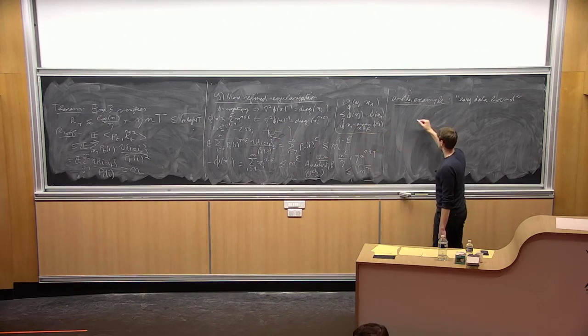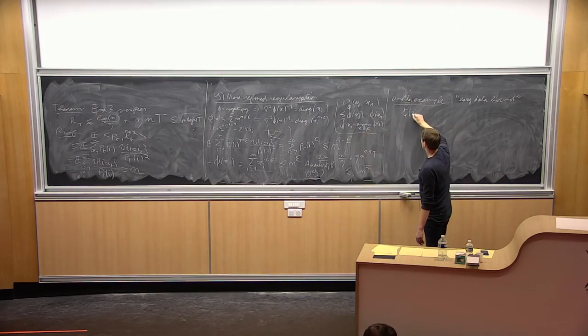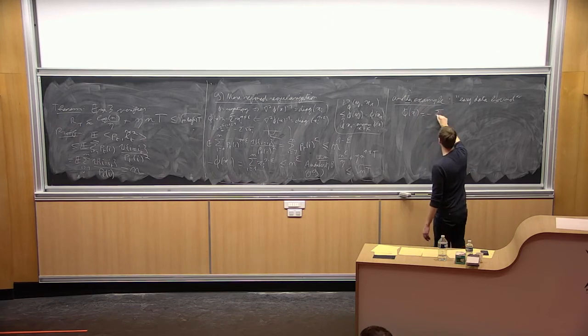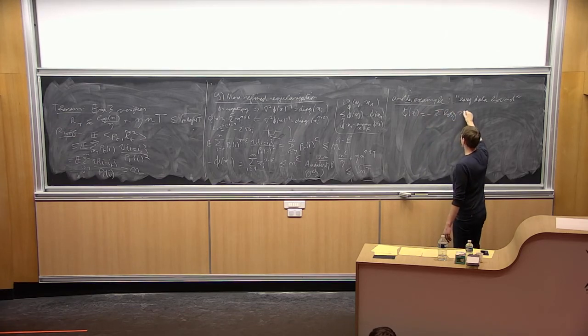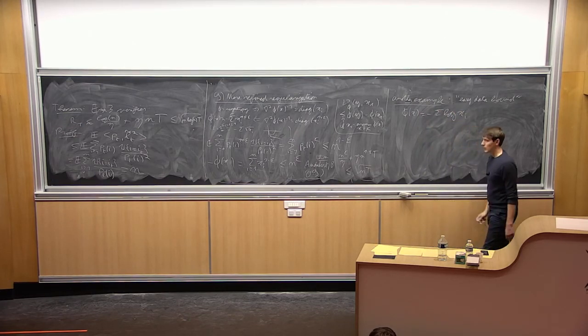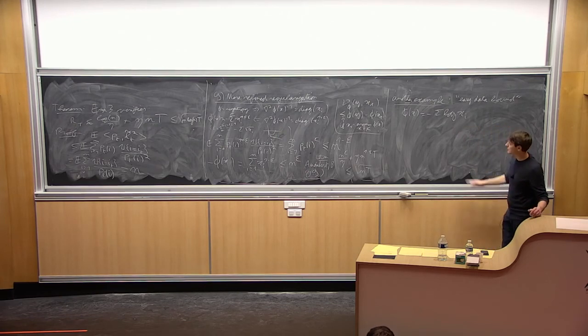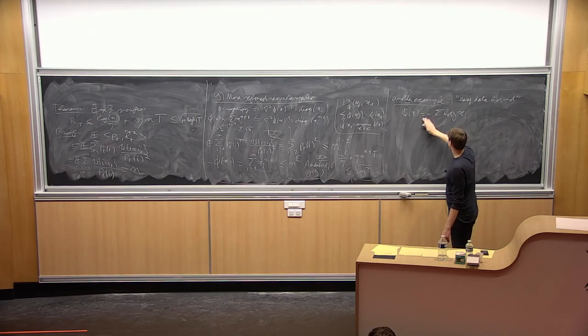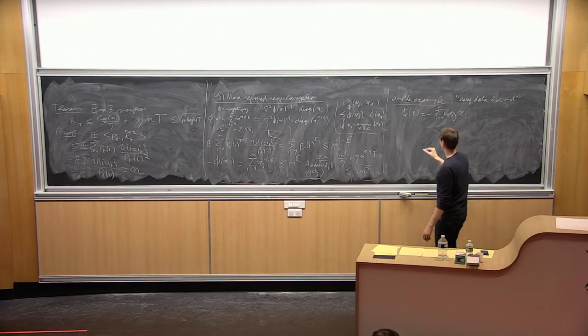Well, here is an idea. Just take phi of x, which is minus the sum of log xi. Okay, this seems pretty crazy at first sight. It blows up to infinity, in particular when one of the coordinates goes to 0. So the range is a problem. But what is the local norm?